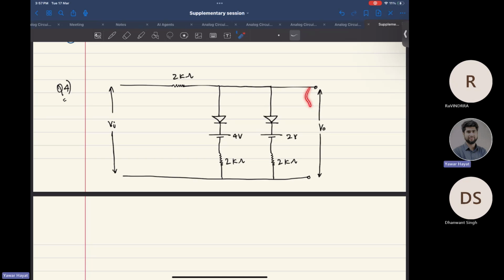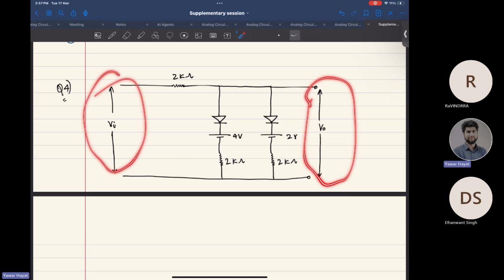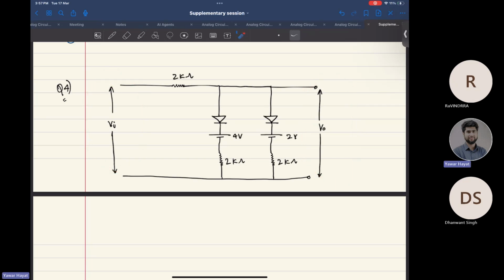I'm interested in an expression. It might be the case that I'll not have a unified expression, but even if a piecewise definition of VO in terms of VI exists, I need to find that out. So that would be the problem for this one.